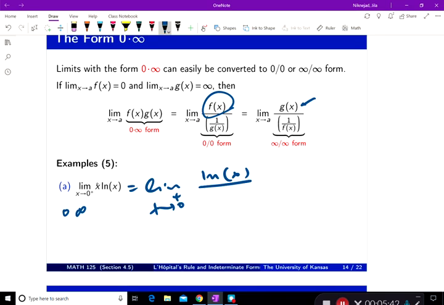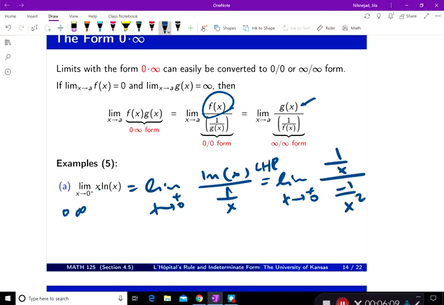I want to make x into 1 over x, but 1 over x cannot stay on top. It has to go in the bottom, because then it becomes the reciprocal of the reciprocal, and it's in the right place. Now let's do the L'Hopital rule for this and see what happens. The top becomes 1 over x, the bottom becomes negative 1 over x squared.